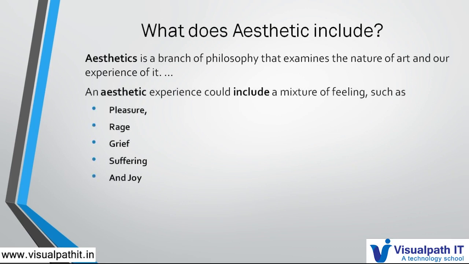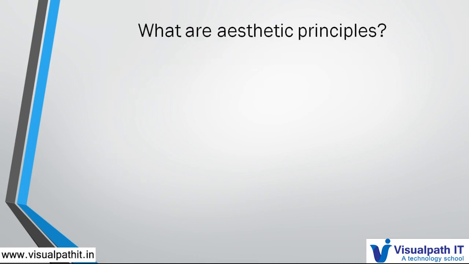An aesthetic experience could include a mixture of feelings such as pleasure, rage, grief, suffering, and joy. While using any product, if you don't feel any of this, then definitely the product will be a bad product. So these are the importance. Let's understand aesthetic principles.